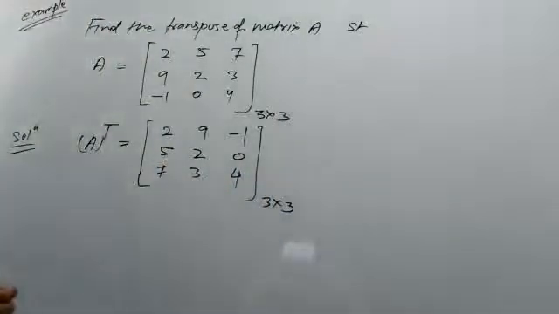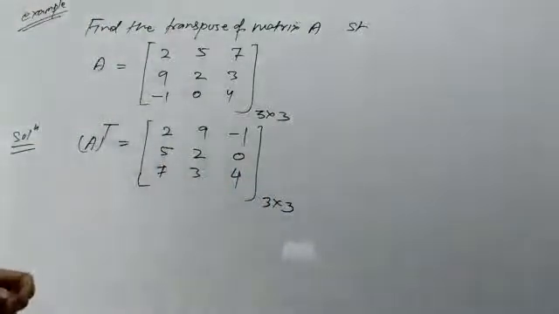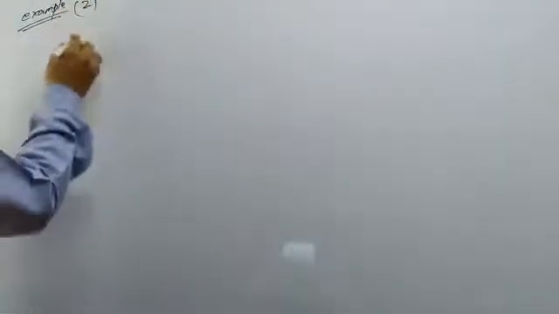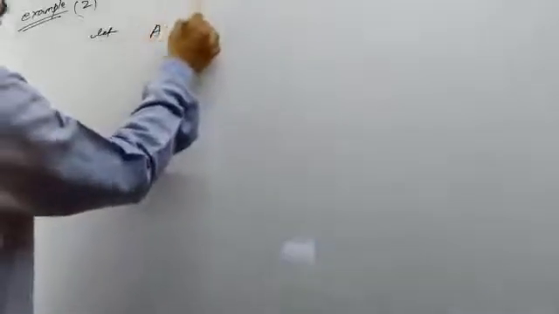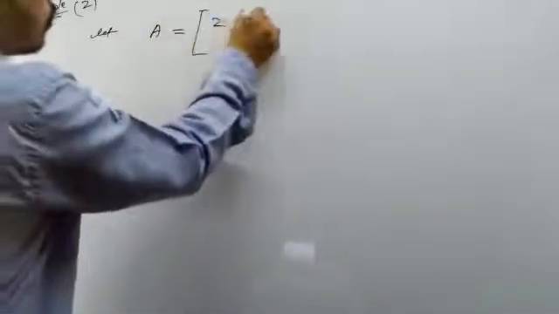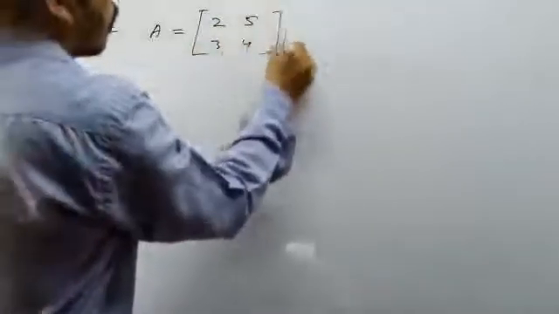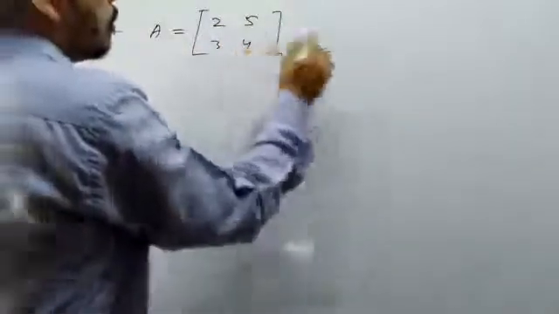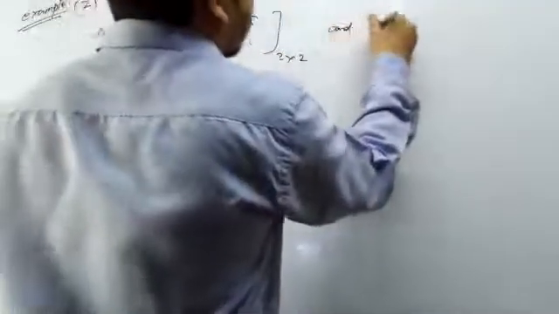So students, example 2. Let A be a matrix of order 2 cross 2, [2, 5; 3, 4], and B is equal to [1, 0; 7, 2] of order 2 cross 2.